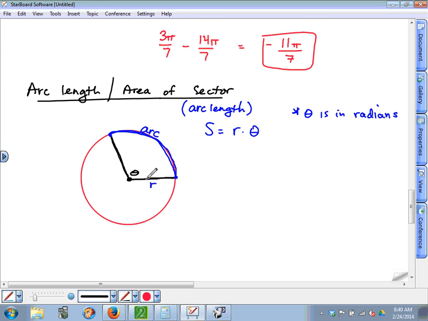Now, as neatly as you can, bold in this portion right here. As long as the angle stems from the center of the circle, and this is important, again, this angle has to be a central angle, that portion is called a sector.